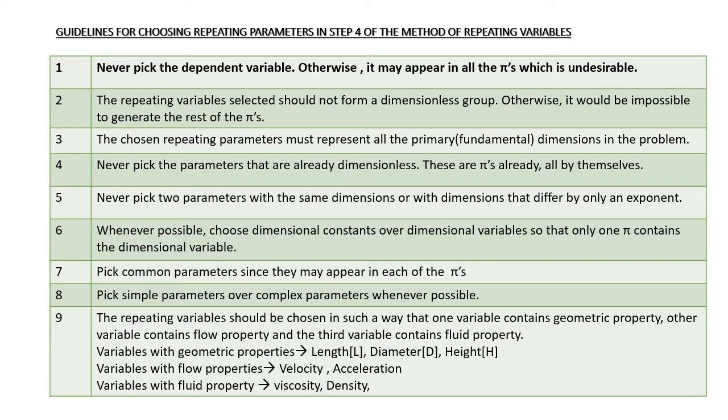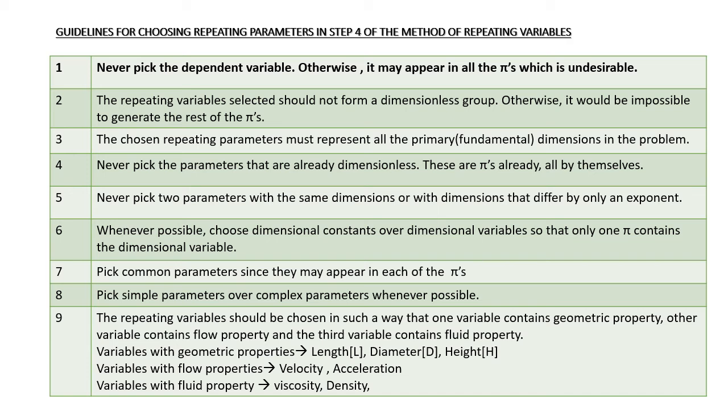Next, never pick parameters that are already dimensionless. You should not choose a parameter which is dimensionless. The fifth one is never pick two parameters with the same dimensions or with dimensions that differ by only an exponent. We have to choose repeating variables which contain different dimensions, not the same dimensions.